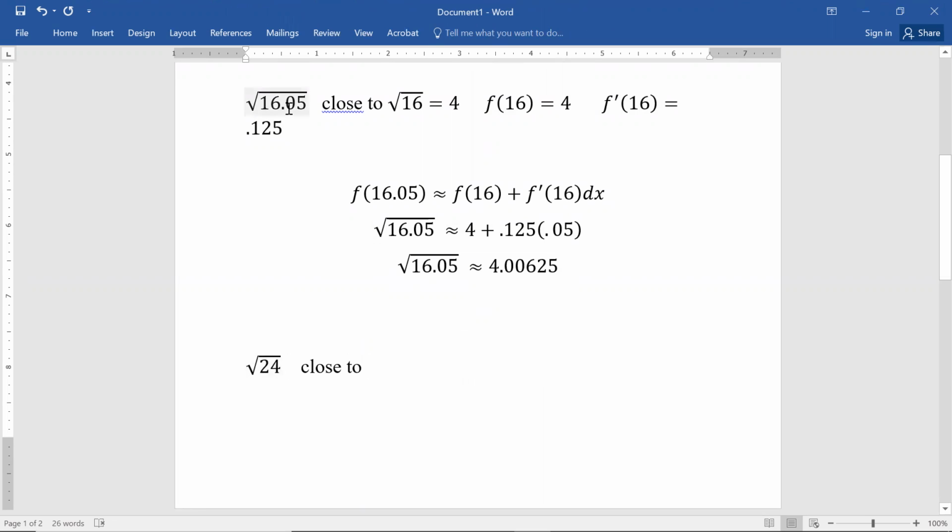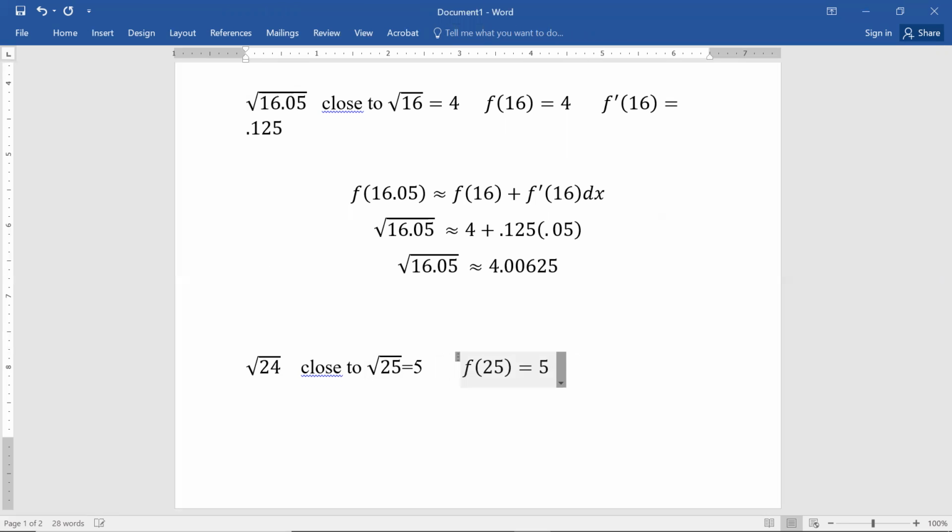You could do this with 16, but that's further away than being close to the square root of 25. We all know that the square root of 25 is 5, at least the positive square root is. And therefore, my function, when you plug in 25, gives you a 5.